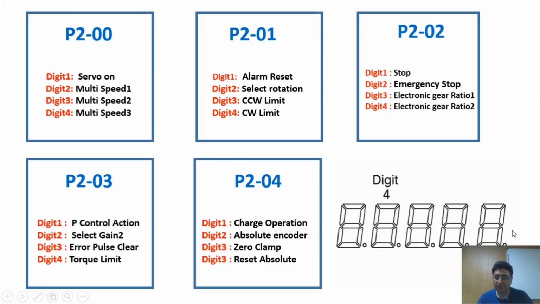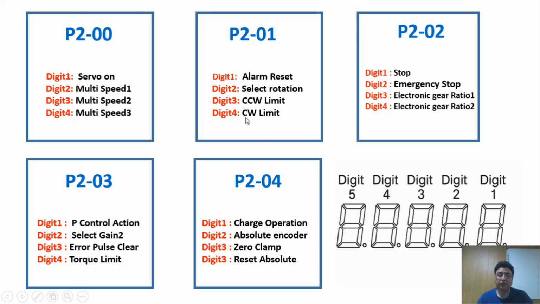Alternatively, if you intend to assign the clockwise CW or counterclockwise CCW rotation commands to the digital inputs of your servo, you must first access parameter P2-01, which is located within the category of servo parameters.